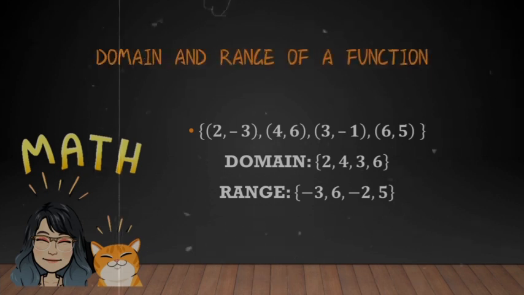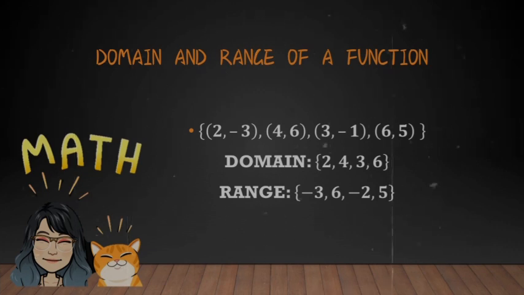I have here sets of ordered pairs. We have 2 and negative 3, 4 and 6, 3 and negative 1, 6 and 5. Now, what are the values of domain and what are the values of range? As you can see, the values of domain are 2, 4, 3, and 6. How did that happen?